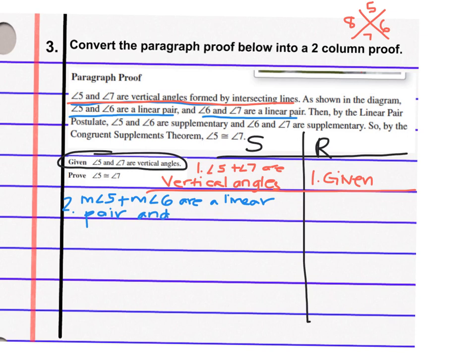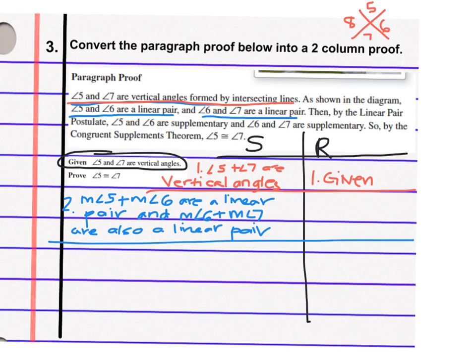And angle 6 and angle 7 are also a linear pair. And my reason is going to be that's just the definition of a linear pair.